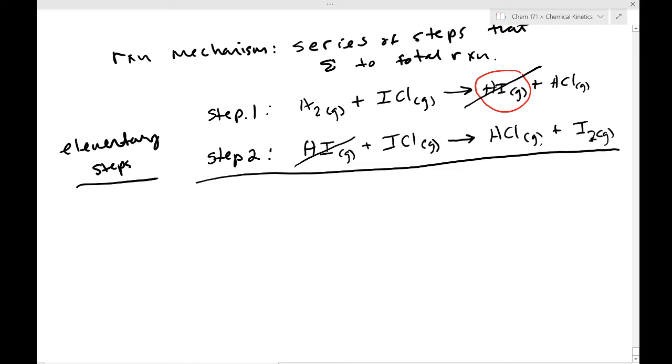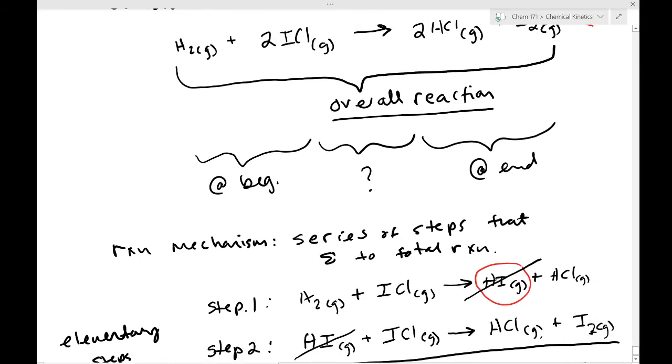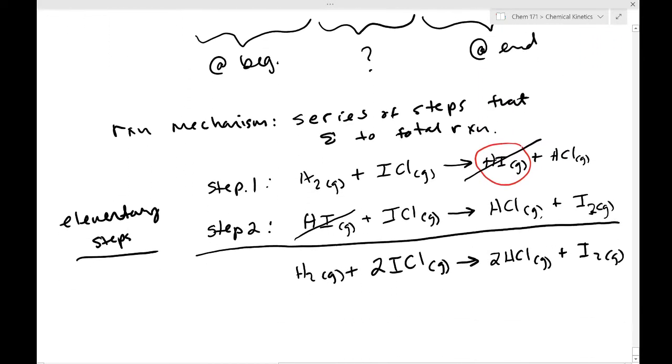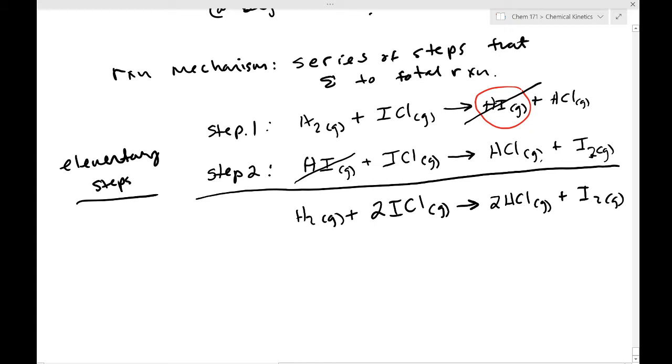Everything else sums together, and we get the total reaction of H2 gas plus 2 ICl gas goes to 2 HCl plus iodine gas. This sums to the total overall reaction that we have above. But as you can see from these two elementary steps, the chemistry is actually happening in 2 steps.